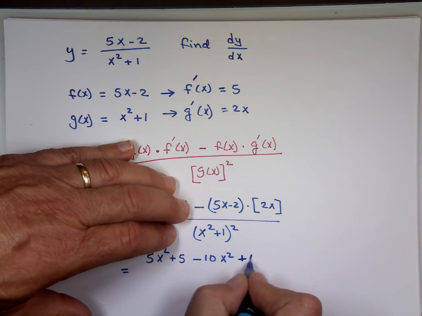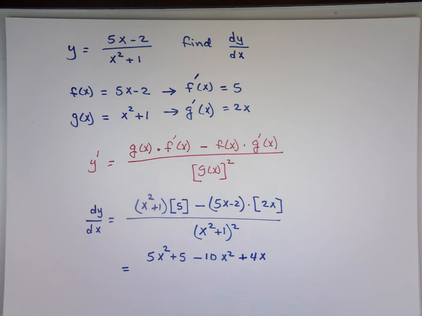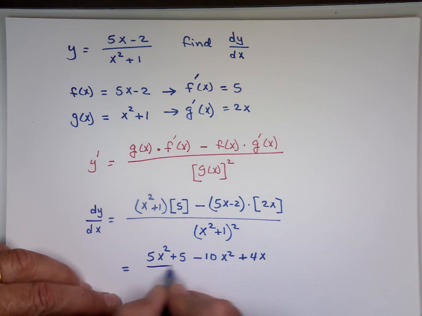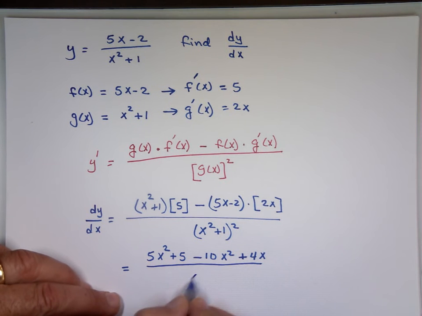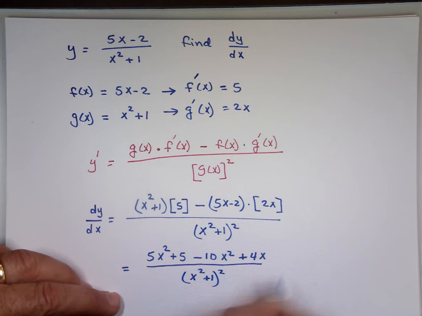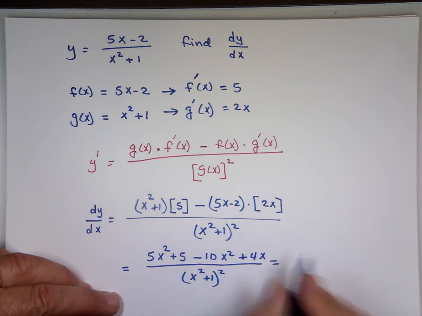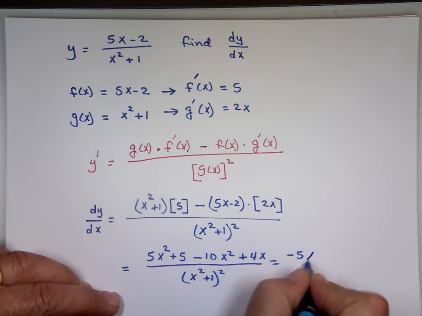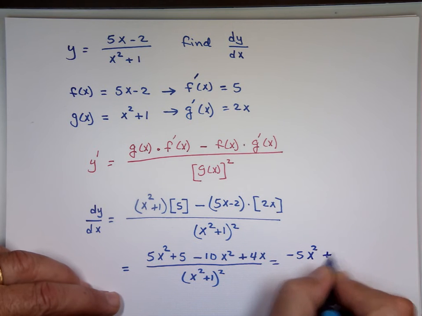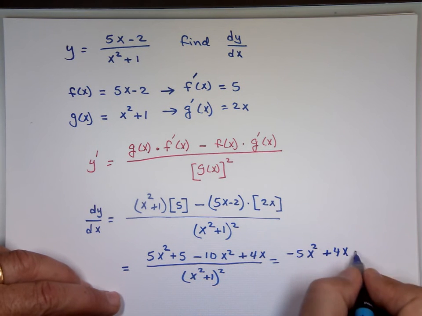Positive 4x. Collect like terms. 5 minus 10, negative 5x squared plus 4x plus 5.